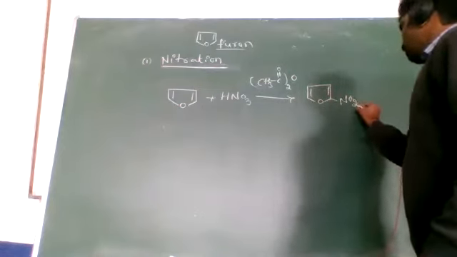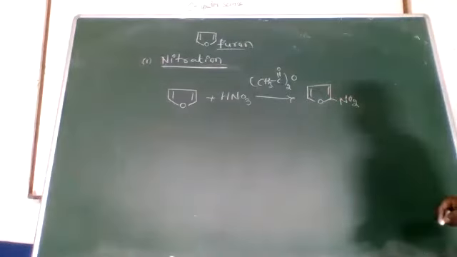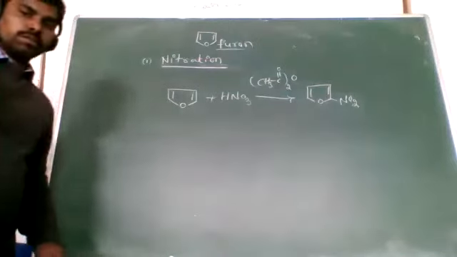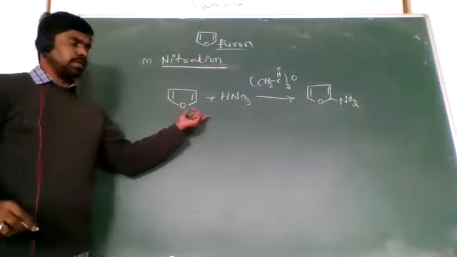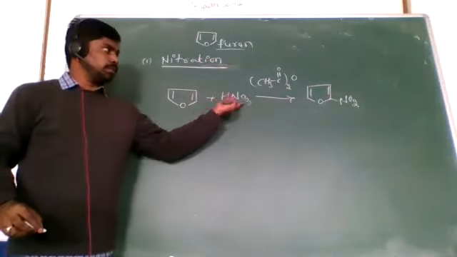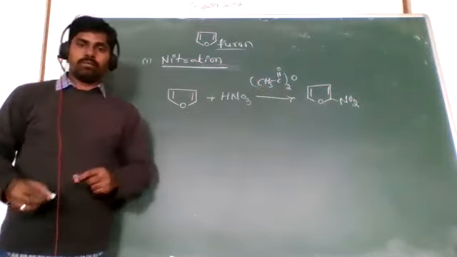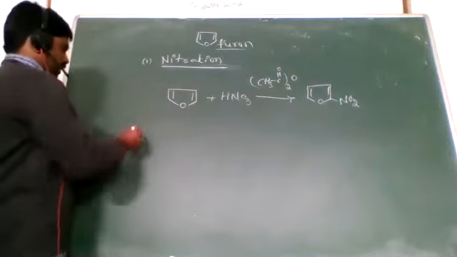So this is nitration, which means adding a nitro group. So when it reacts with nitric acid in the presence of acetic anhydride, we get 2-nitrofuran.